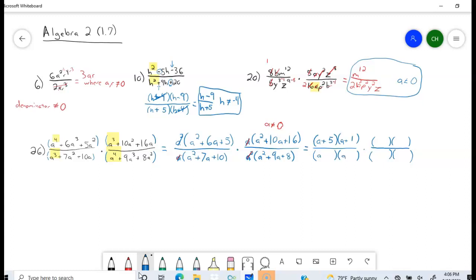My signs are going to be positive because they're the same. Two numbers that multiply to equal 10 and add to equal 7 are 5 and 2. Over here I've got a and a, my signs are both positive, and two numbers that multiply to equal 16 and add to equal 10 are 2 and 8.